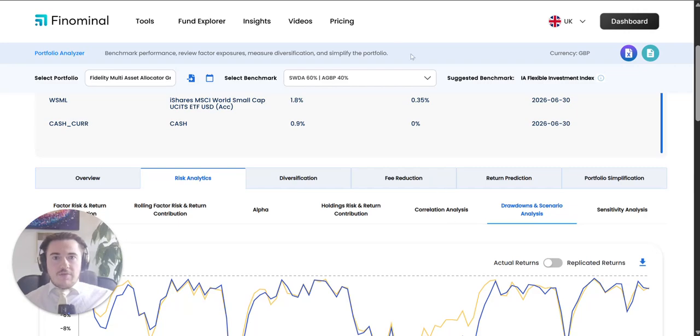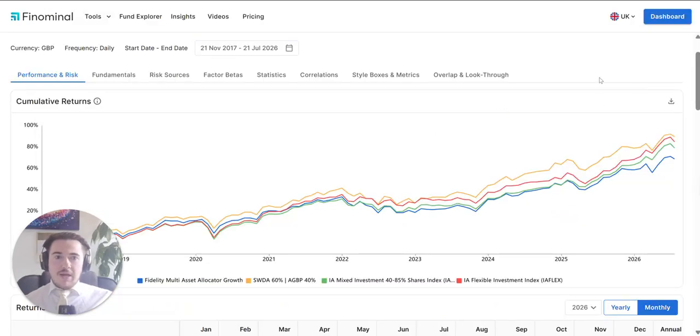So if I'm going to go back now to the asset comparer to conclude this analysis. Overall, it is an inexpensive fund, 0.2%, but we did note it did underperform against both the benchmark universe as well as the 60-40 benchmark we created, with a lower Sharpe as well. And it is a 3-star rated fund within the IA Flexible Investment Index.